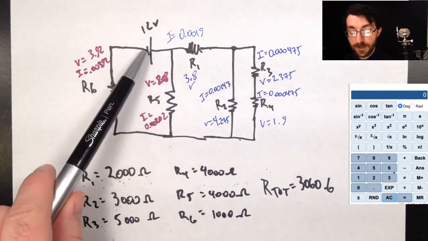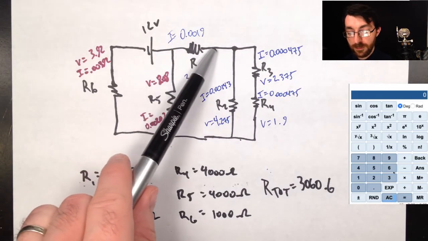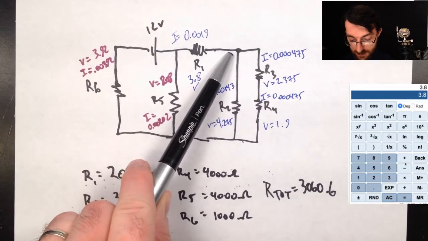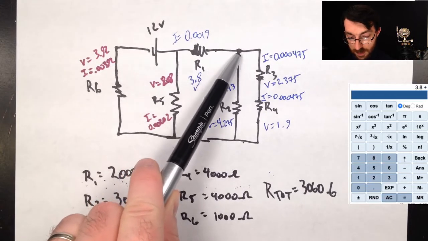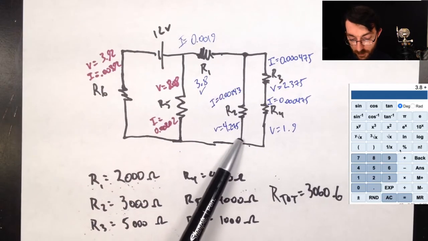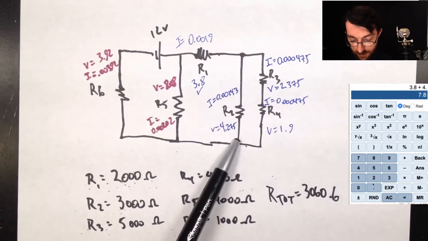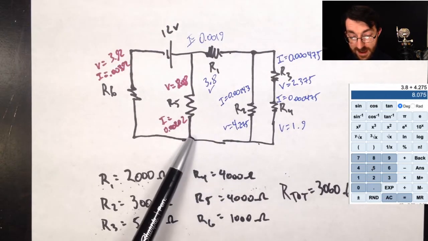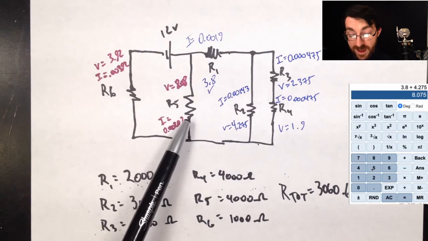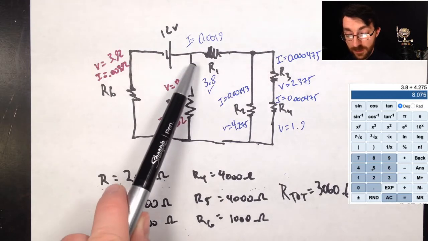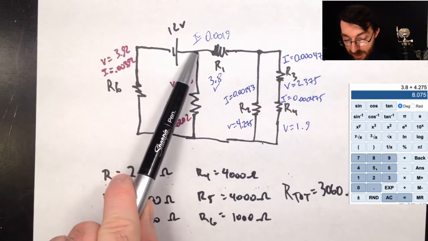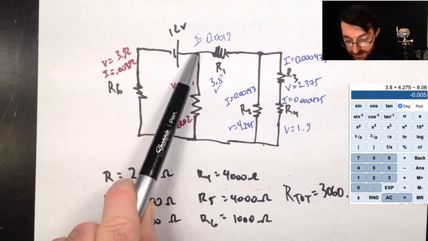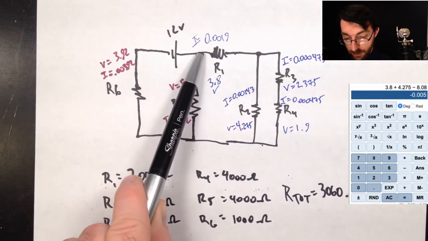So I go across 3.8, plus 4.275. Now I'm headed the wrong way, as in I'm headed back towards the positive post. So instead of doing plus 8.08, I actually need to do minus 8.08.